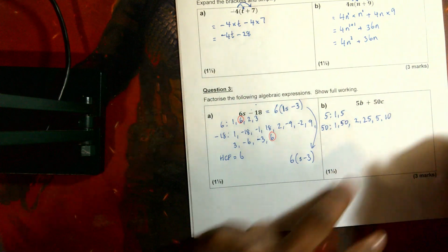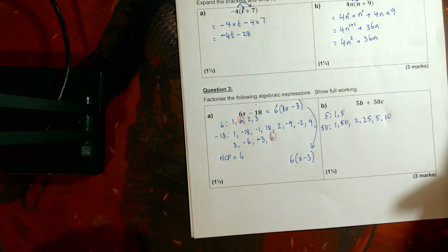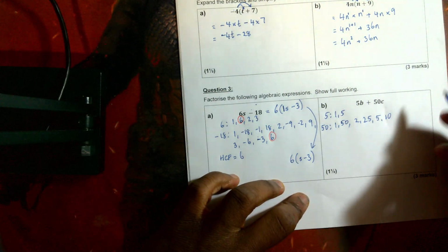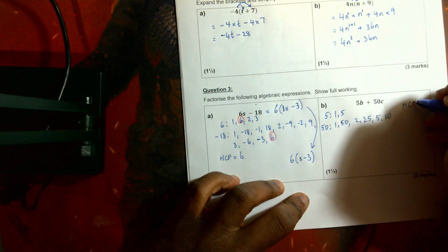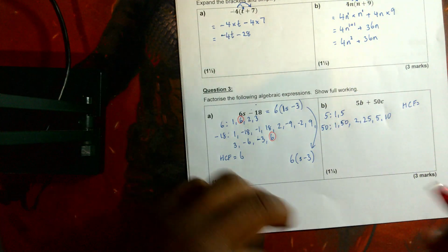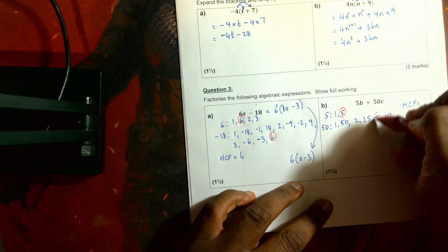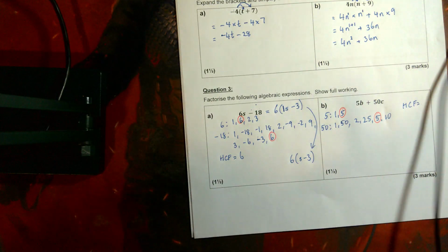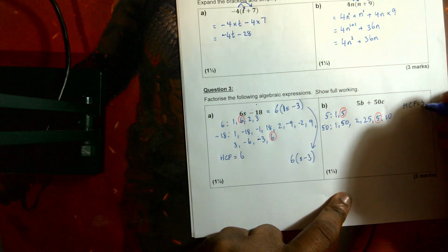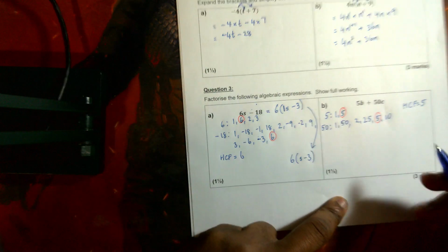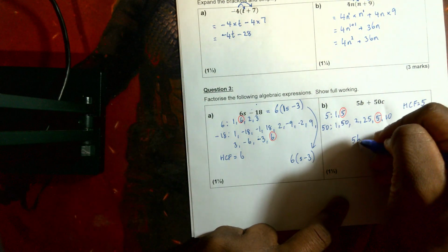And that's it. So we can see that the highest common factor for both, really easy, this one is going to be 5. So that 5 is what we're taking outside the bracket.